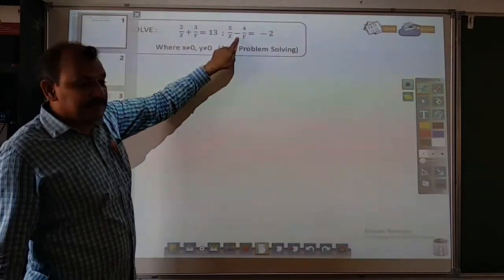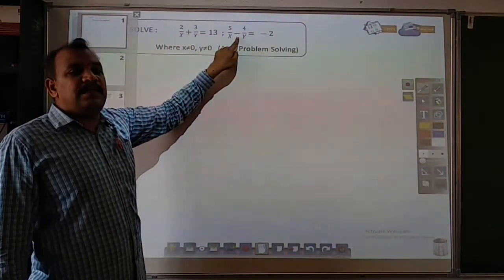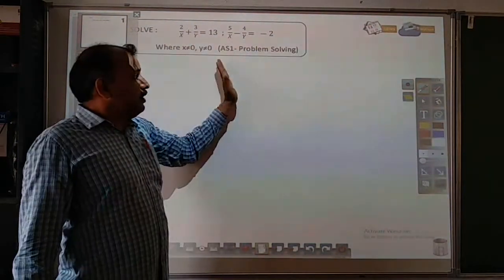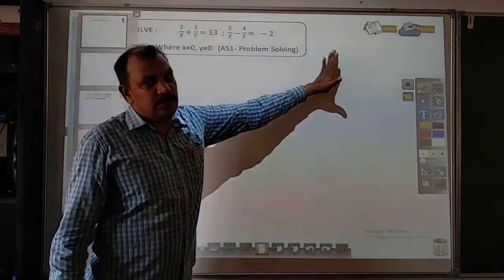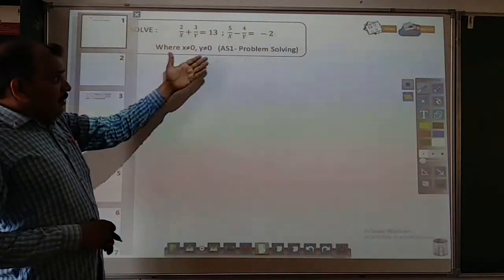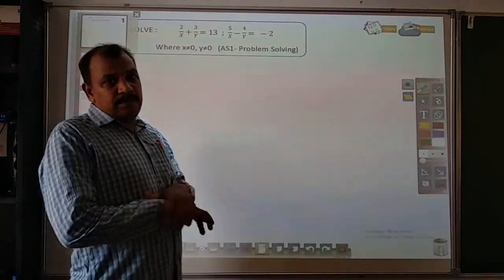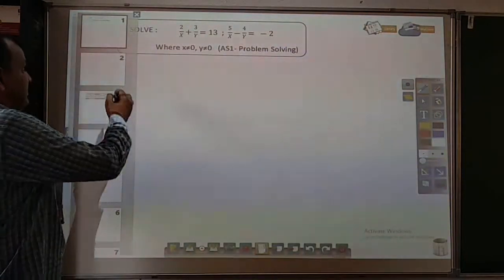These two equations reduce to a pair of linear equations, that means a1x plus b1y plus c1 is equal to 0, a2x plus b2y plus c2 is equal to 0. So this one belongs to the academic standard of problem solving. Now we will solve this problem. Let us see.